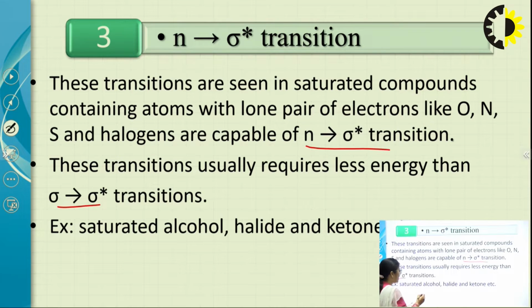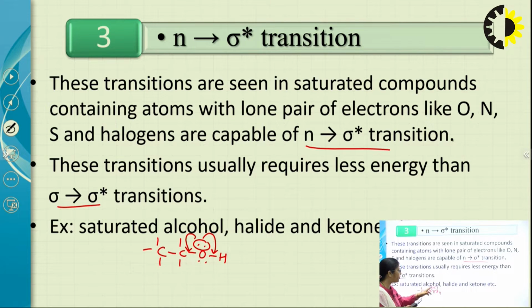So here is the example, this is C2H5. If we keep this molecule in the UV visible spectroscopy and put the radiations on it, then these electrons are going to get excited and they are going to utilize the sigma star orbital of either one of these.